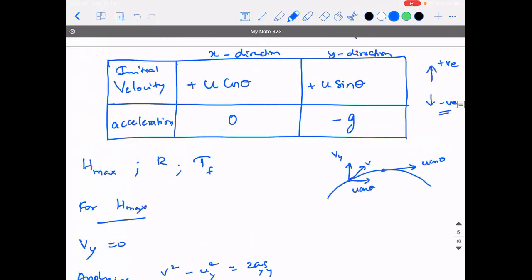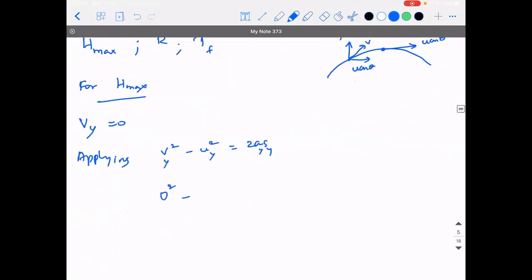u sine theta the whole square is equal to 2 into acceleration due to gravity, minus 10, and displacement is H max.